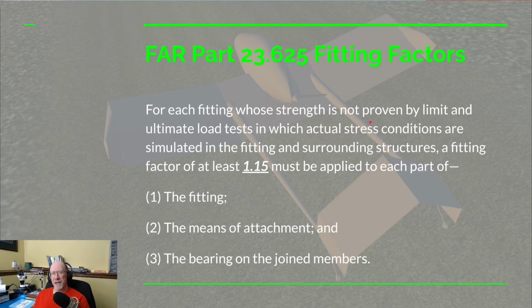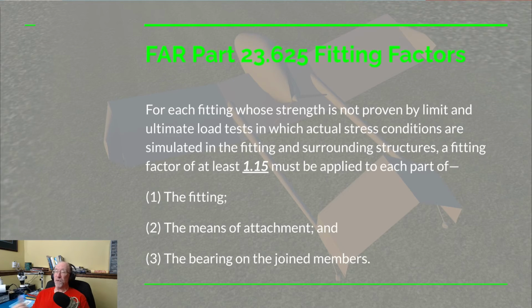In other words, the wing panel is removable, so that bolt will sometimes go in and out whenever we're transporting the airplane by trailer. So that bolt hole will get a little bit of use. It's aluminum there, so that'll be a little bit of wear. So I'd like to have a little bit more safety factor. So I'm going to go ahead and use this fitting factor, even though I'm going to be testing to prove the structure can actually work.